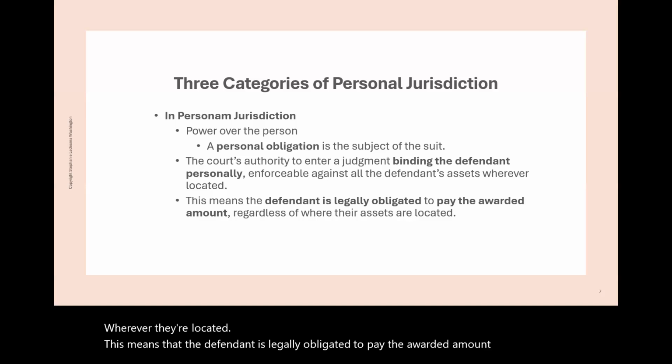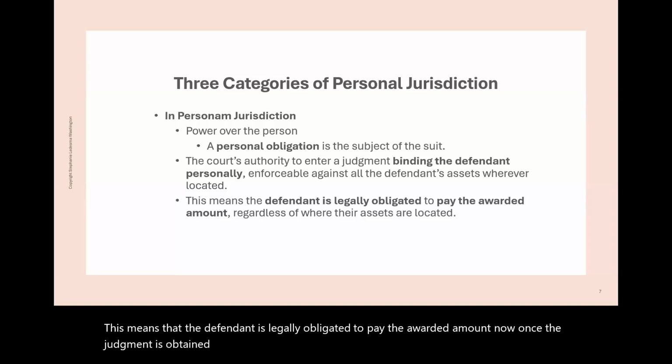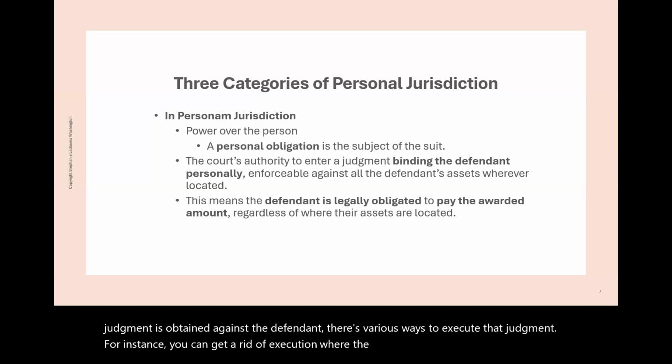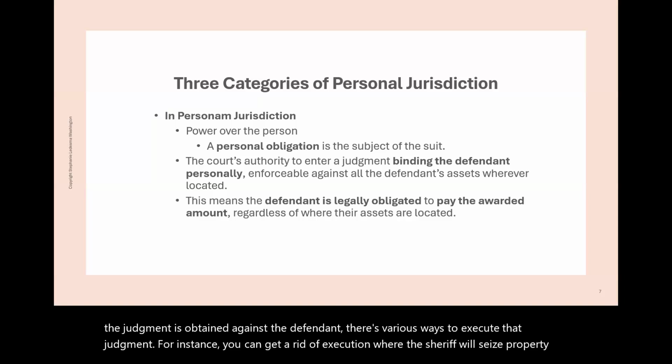Now, once the judgment is obtained against the defendant, there's various ways to execute that judgment. For instance, you can get a writ of execution where the sheriff will seize property and sell it to satisfy the judgment.